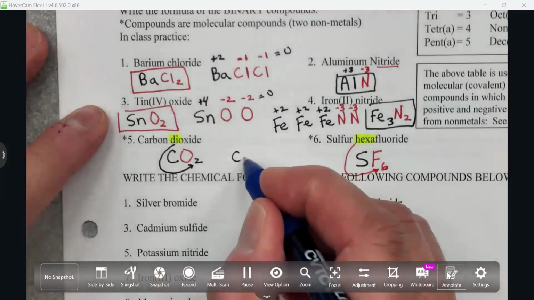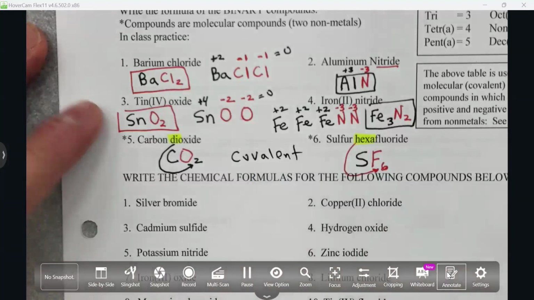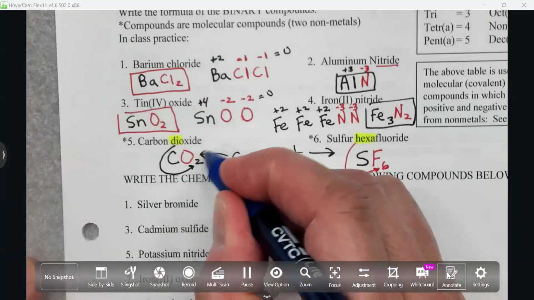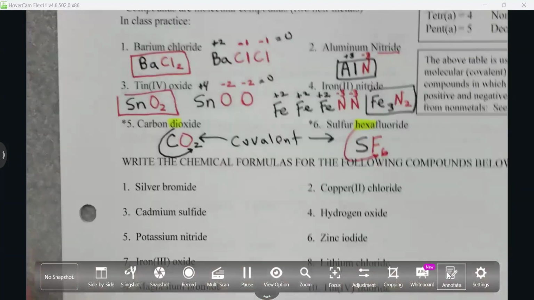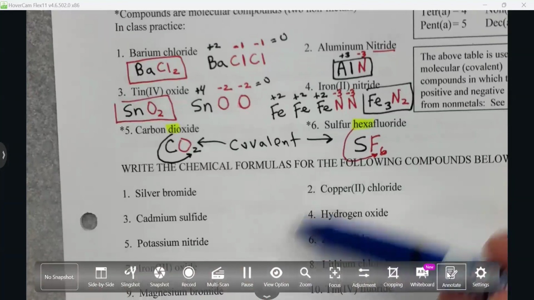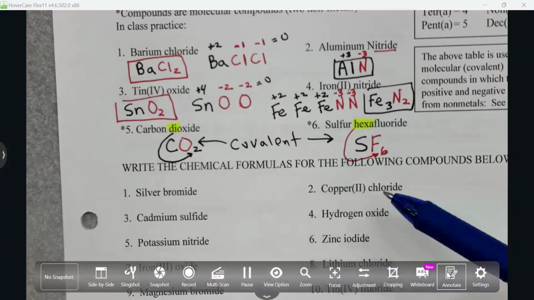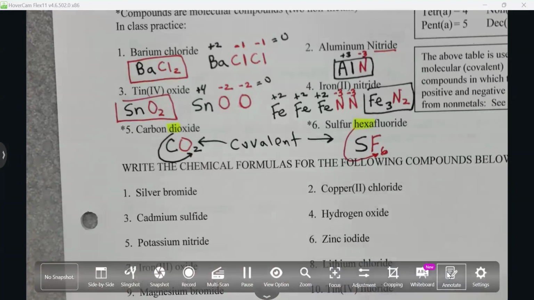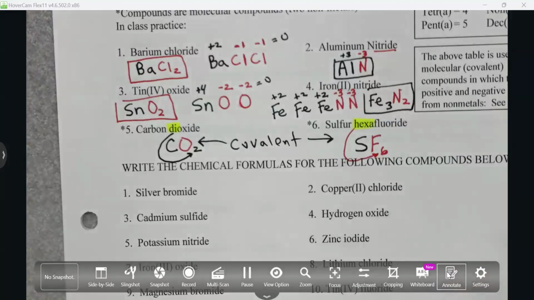So here we have covalent compounds for these last two. Hopefully you finished page 1. The answers are in Canvas. There is a page that I've scanned with all these answers.